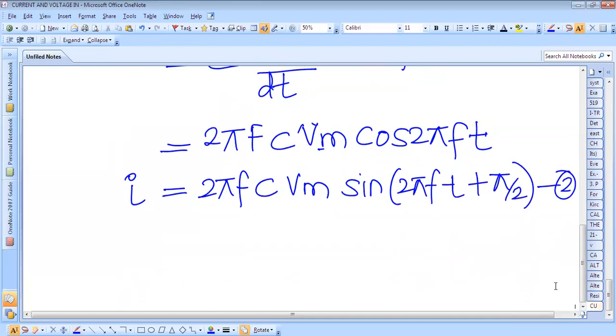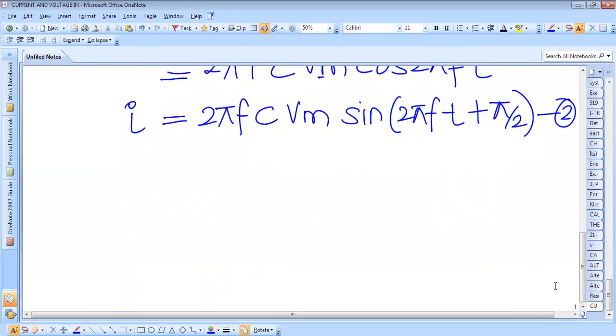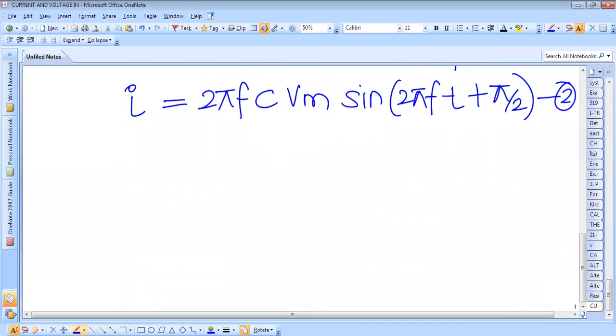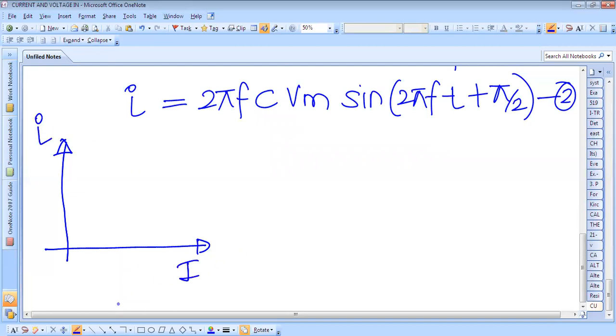By comparing equations 1 and 2, we see that the current leads the voltage by a quarter of a cycle. So here this is the current which is leading the voltage by 90 degrees. This pi by 2 means 90 degrees.